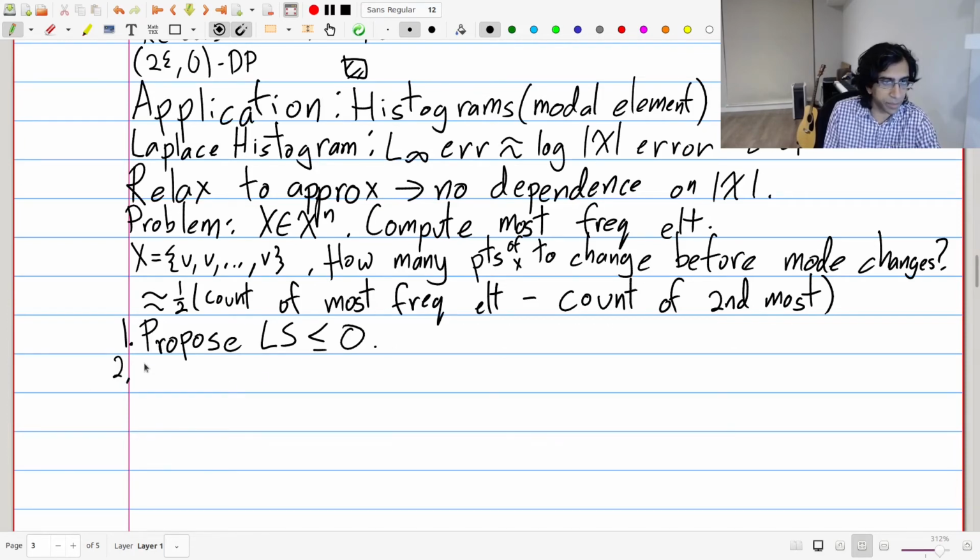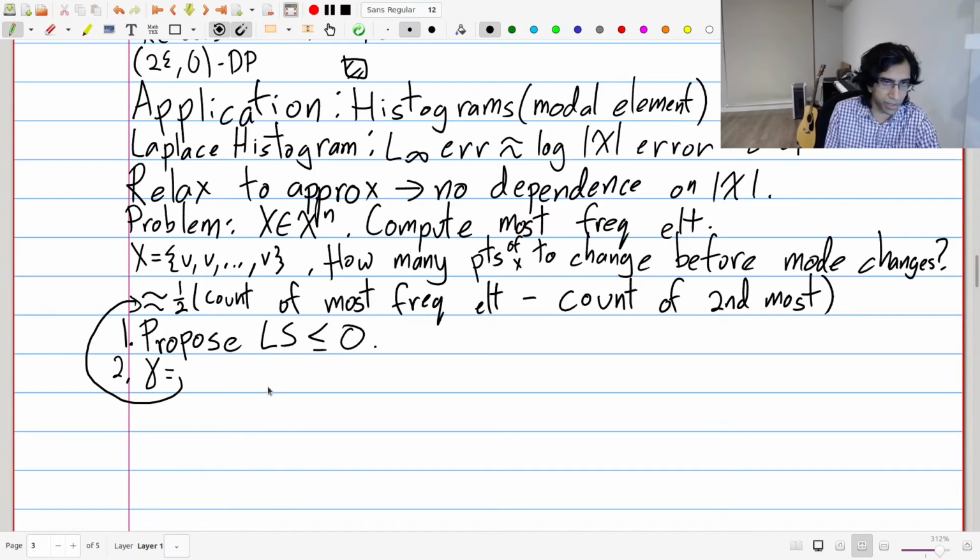The next thing is we compute the distance to the nearest data set which has a local sensitivity which is non-zero. And like I said before, this is roughly this quantity here: gamma is equal to 1/2 the count of the most frequent element minus the count of the second most. There might be a plus or minus 1 here.